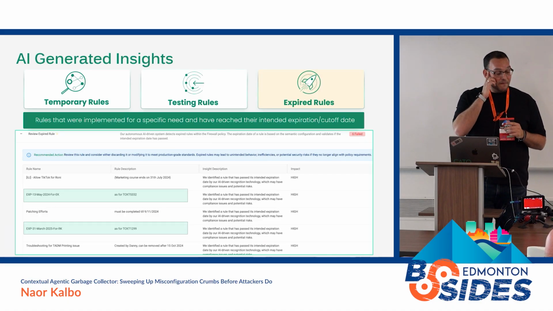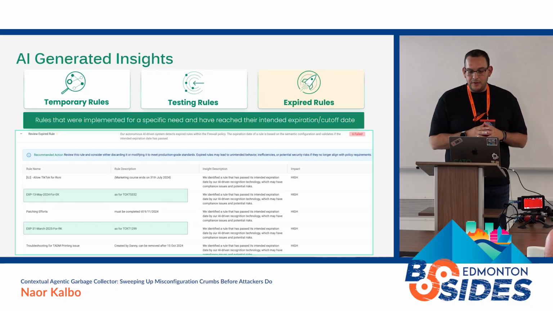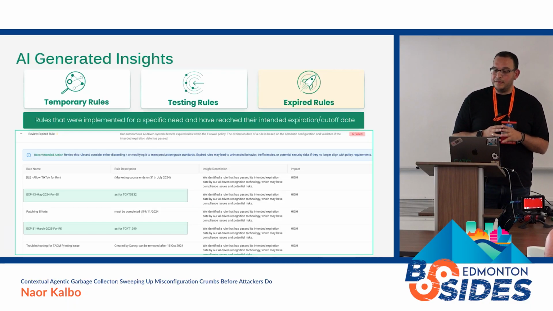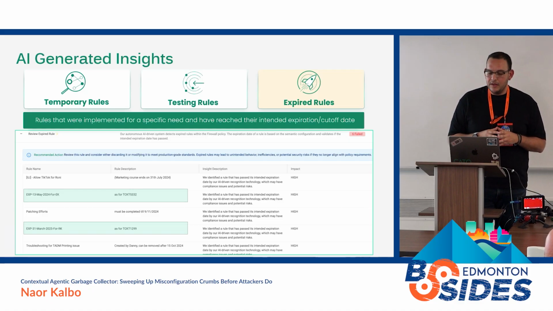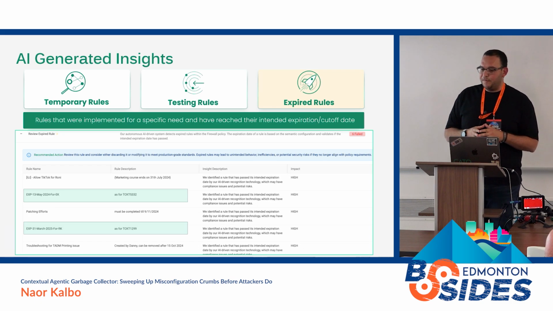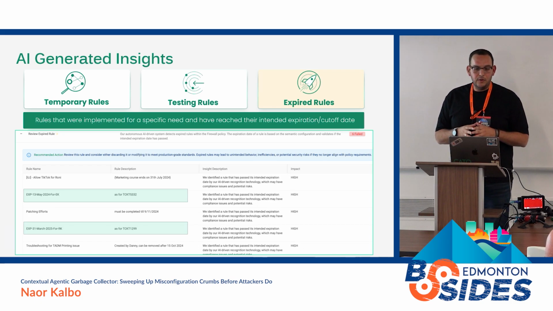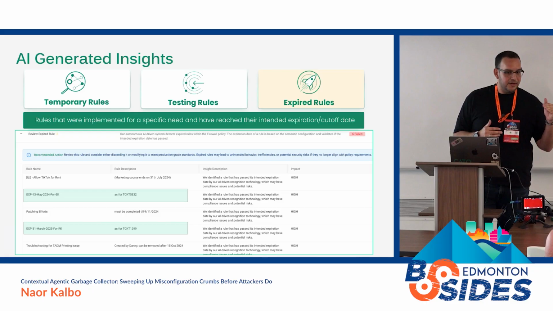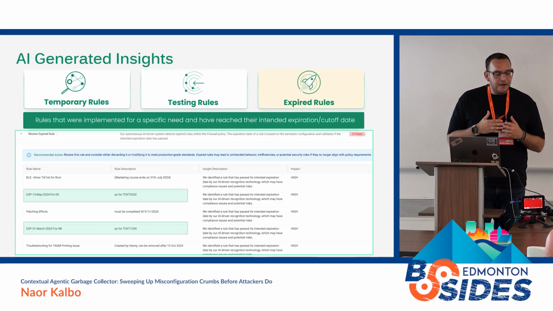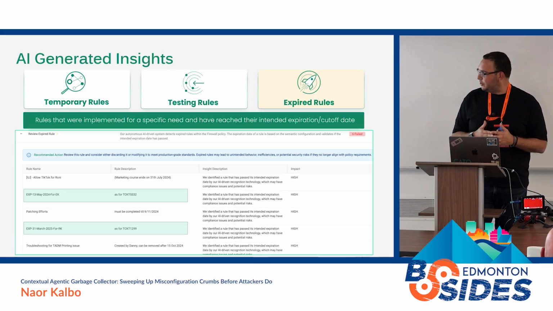In one very, very interesting case, we identified rules marked with EXP as a signal for expiration or expired, and some free text of a wishful expiration date with a high degree of variance. And this is a very individual convention.